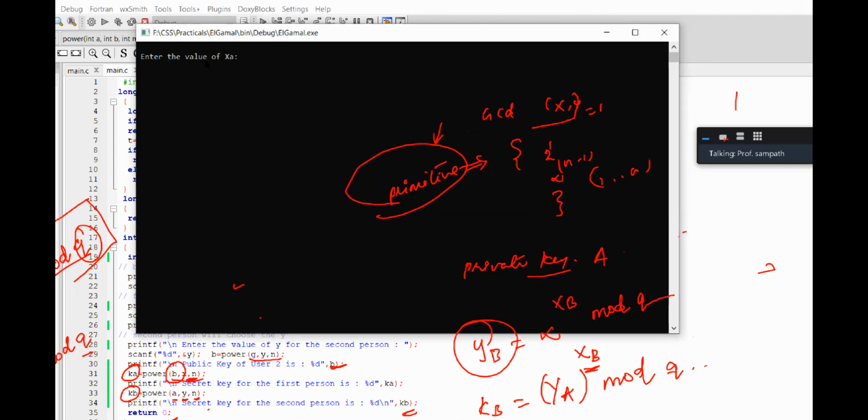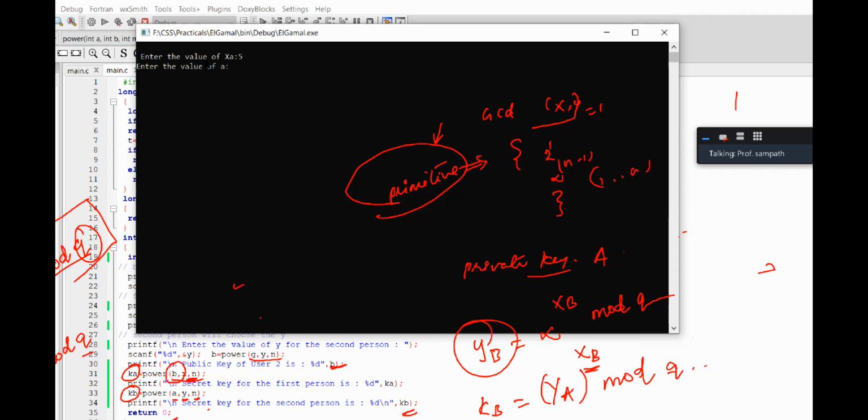Let me assume it is 5. XA is the private key of user A, correct? I hope you can see the execution window where I am going to demonstrate how the coding part works.